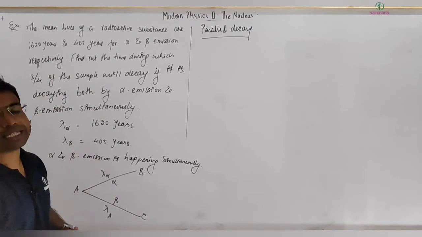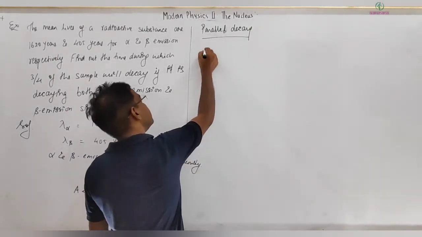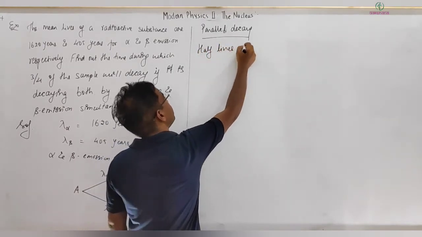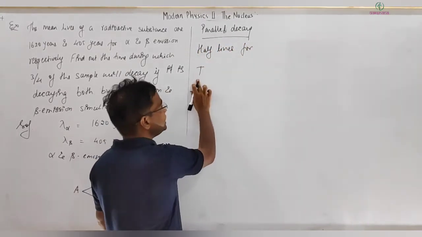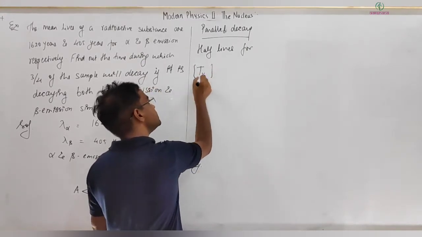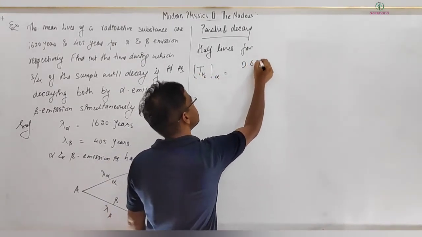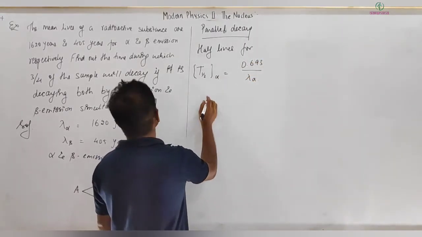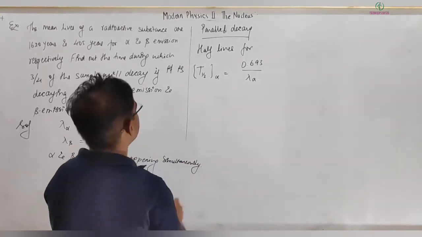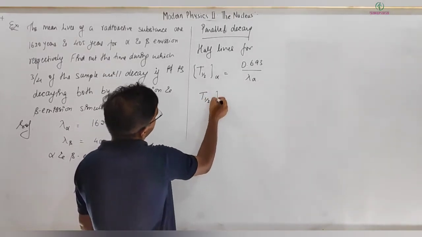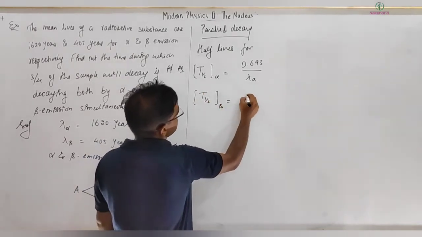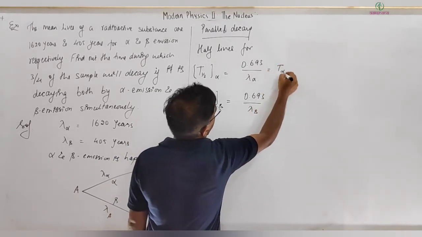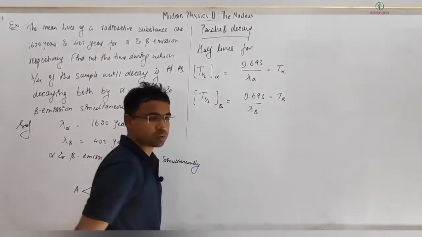Their mean lives are given, so I can write the half-life for alpha as T half equal to 0.693 divided by lambda alpha. I can substitute the values, and similarly T half for beta decay is 0.693 divided by lambda beta.